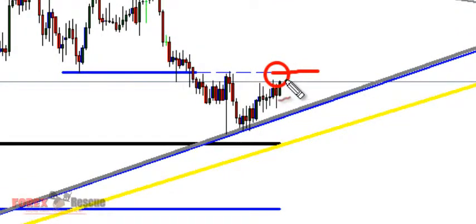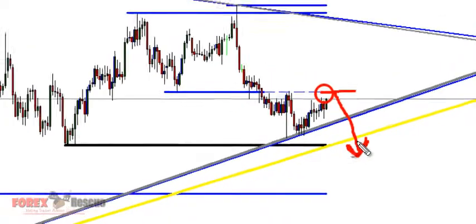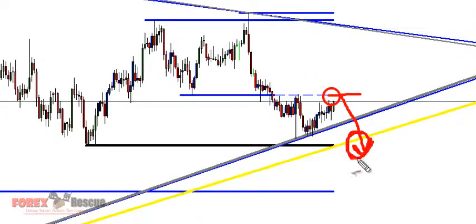So we'll be looking for a price action setup around this area, and once that happens, we'll ride the trend down to this confluence area. You can see there's a confluence between this monthly trend line and weekly area of support, and so this area is a valid point to take a bullish trade and ride the trend up.